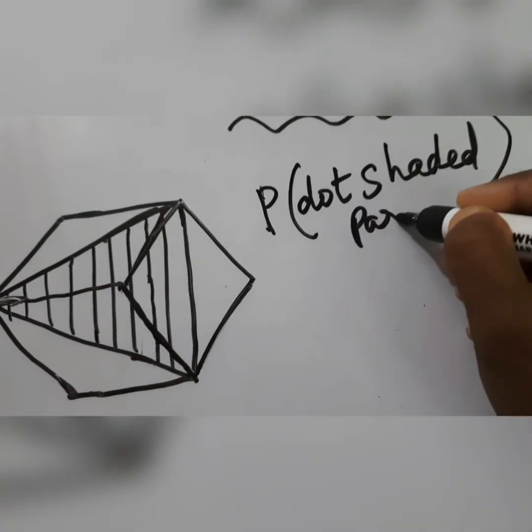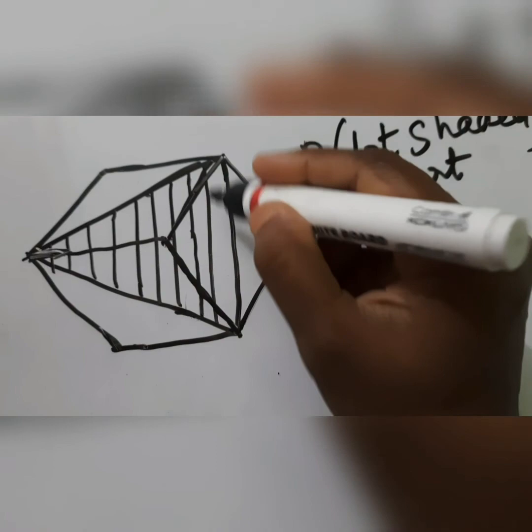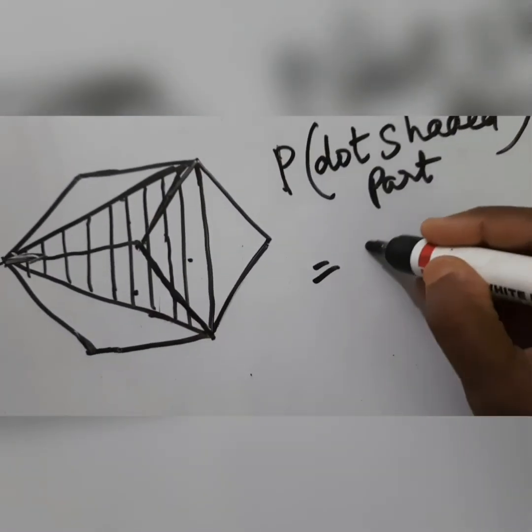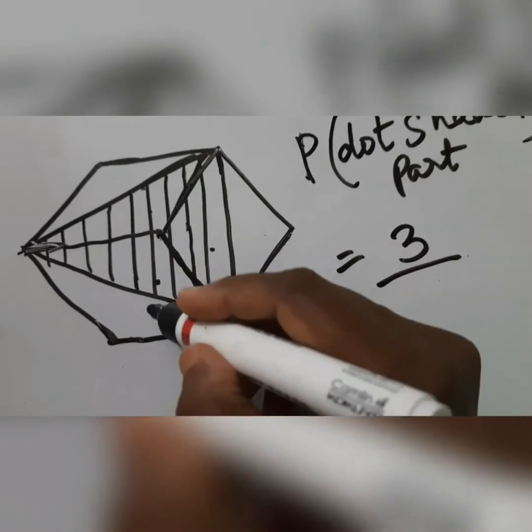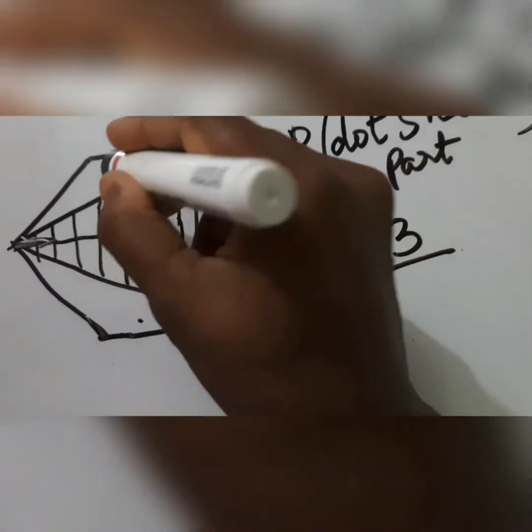How many shaded parts are there? 1, 2, 3. 3 upon the total, 1, 2, 3, 4, 5, 6.